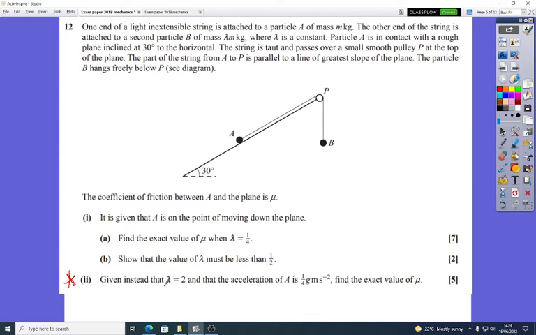Right, given instead, lambda is 2, and the acceleration of A is that. Find the value. Right, I think this is where you lot might have made a slip up here, because it tells you this time this is 2 mg. Got that?